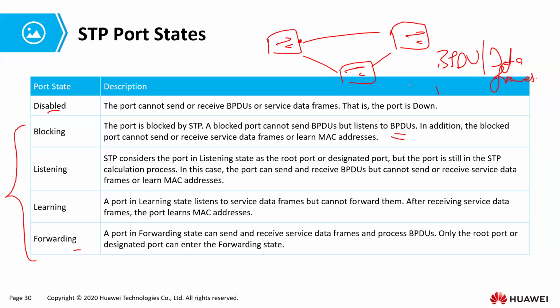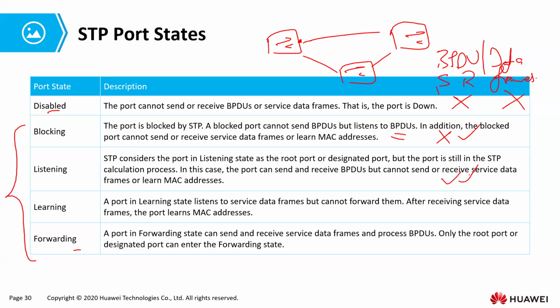For the disabled state, for BPDUs, nothing. We don't send, we don't receive. For blocking, let's have send and receive. We don't send. Receive, we listen, yes. For listening, do we send? Yes, we send.